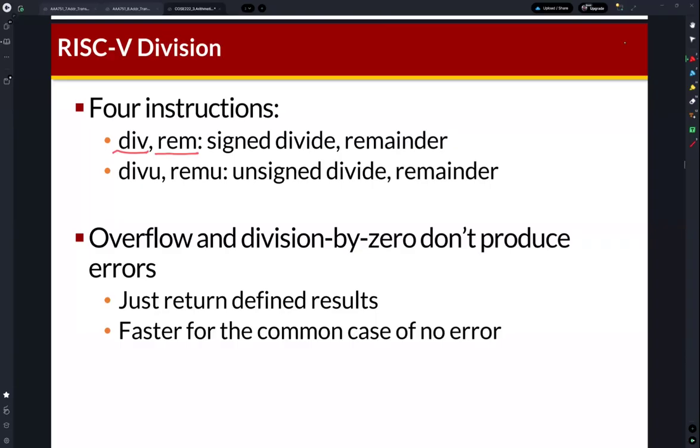Rem is just to create the remainder. For signed division, we can just use div. It creates the quotient, and then rem gives us the remainder of the division. For unsigned numbers, we can use divu or remu.